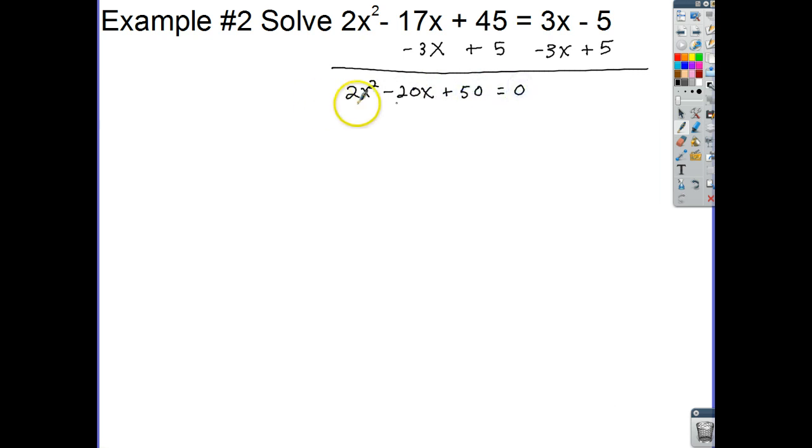Okay, now we're going to factor this. Now, another thing that we learned in the factoring section, you can look that video up, is that you always want to look for a common factor first. And so in this trinomial, there's a common factor 2. Now that 2 comes out, and what we're left with in here is x squared minus 10x plus 25 equals 0.